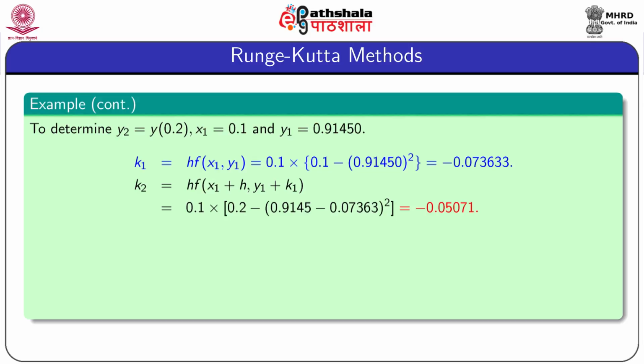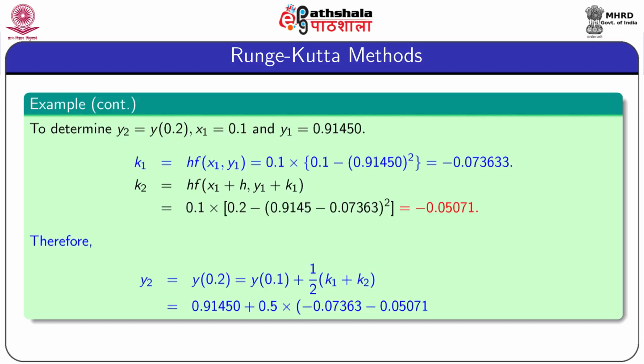So, these are the values of k1 and k2. Therefore, y2 equal to y at 0.1, that means y1 plus half into k1 plus k2. So, after simplification, the value of y2 is equal to 0.85233. So, this is the final value of y at x equal to 0.2.